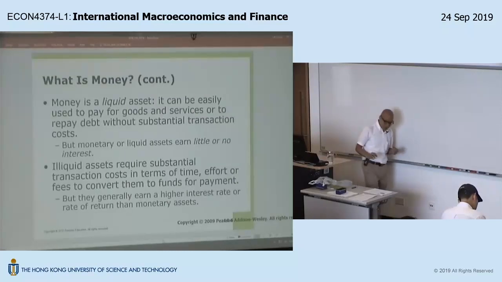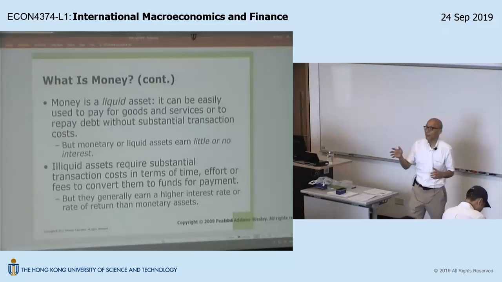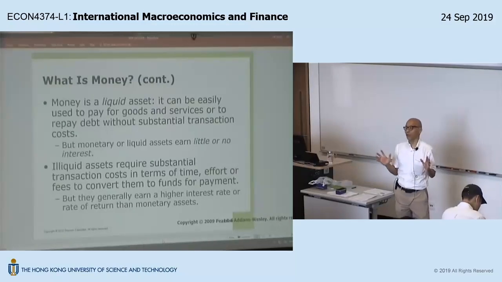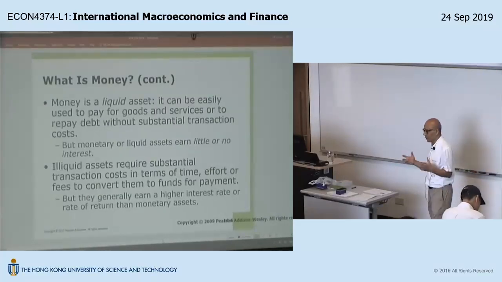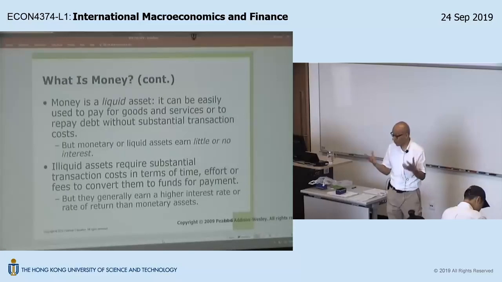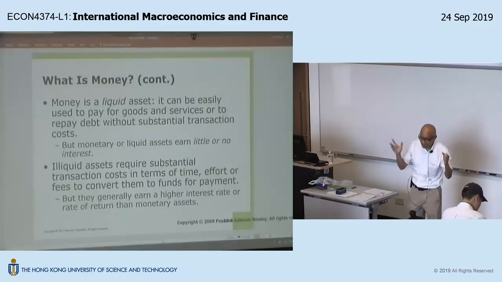But on the other hand, I think the trade-off here is the interest rate. Okay, so by holding money, you have the liquidity. You can pay for things. You have the convenience. But what do you give up? You give up the interest rate.